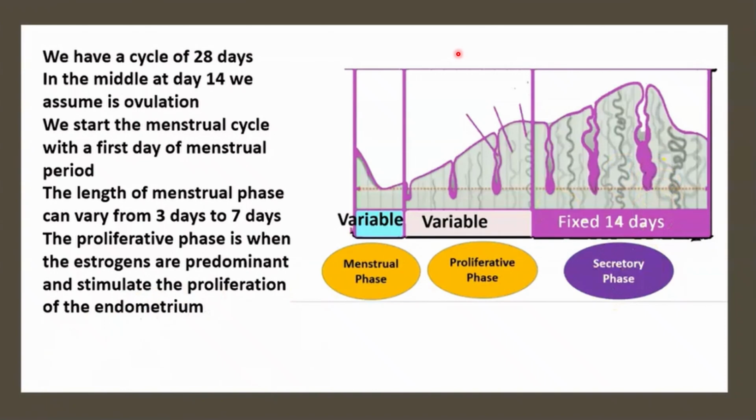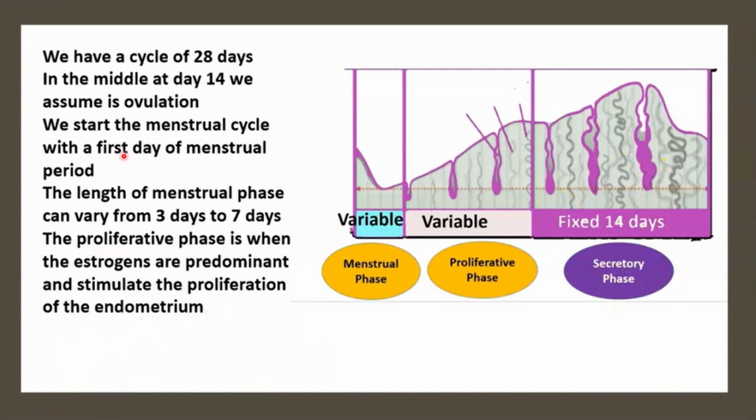Okay, now we went past the reproductive potential. Let's go back to the cycle. Like we mentioned, a cycle of 28 days. Again, we're going to assume ovulation typically occurs right at the middle point, so we'll say 14 days in theory. And for the menstrual cycle, remember this diagram here. We spoke about the follicular phase and the luteal phase. The follicular phase is split between the menstrual phase and the proliferative phase.